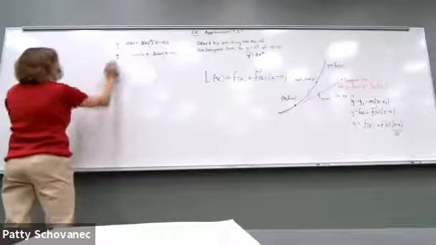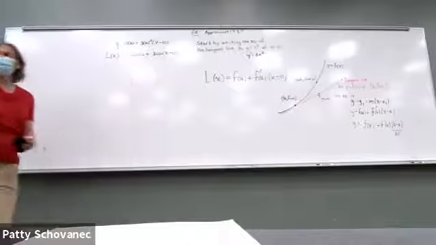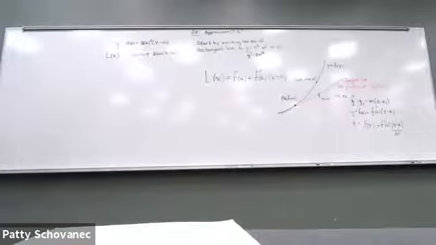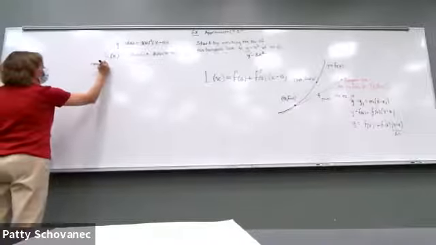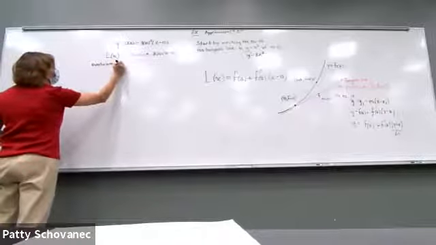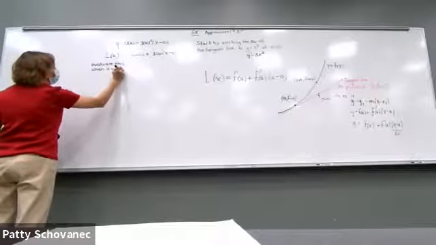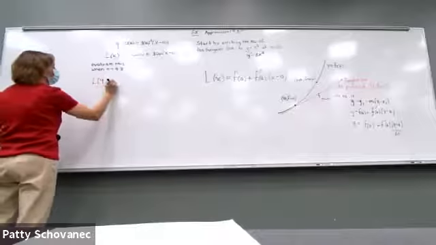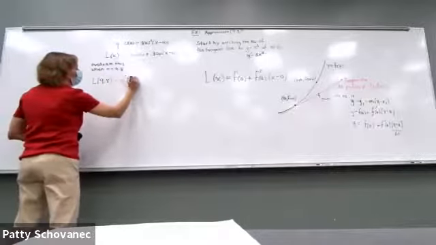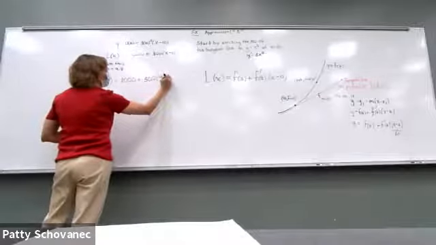Instead of calling this y, we call that the linear approximation at any x near x is 10. So here's where we put in the 9.8. The linear approximation at x is 9.8 is going to be 1,000 plus 300 times 9.8 minus 10.